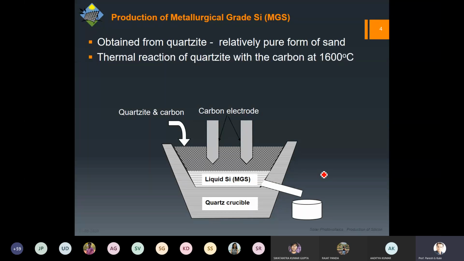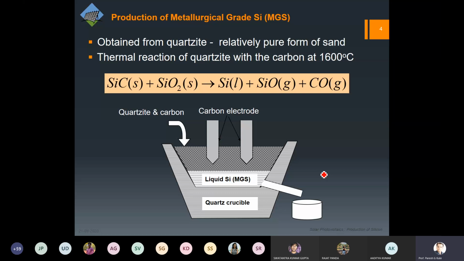So the thermal reaction of these quartzites will work at somewhere around 1600 degrees Celsius, and you can see SiO2, that is our quartzite, combines with SiC, and ultimately you get the silicon in a liquid form. You remove all the sludge, and then whatever you get is metallurgical grade. Of course, recipes are different, but roughly you get 98 to 99%.